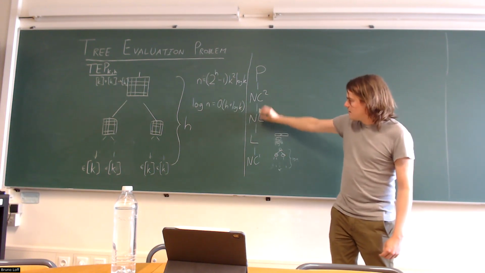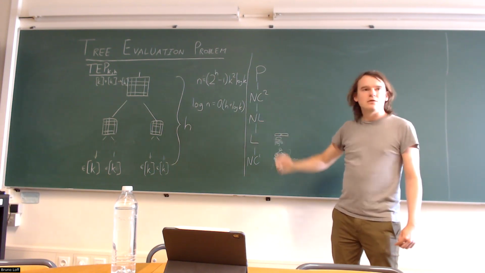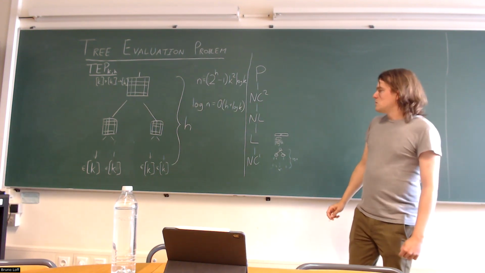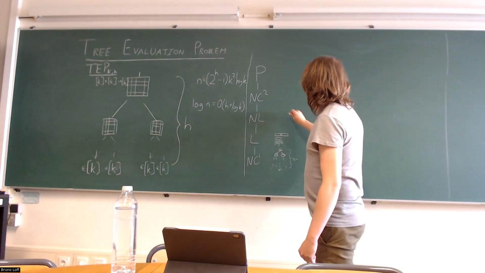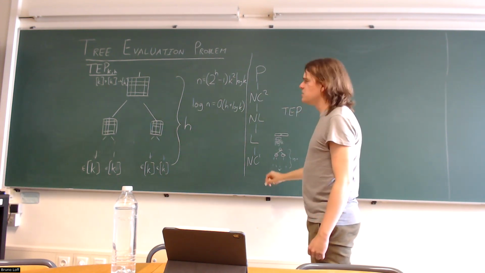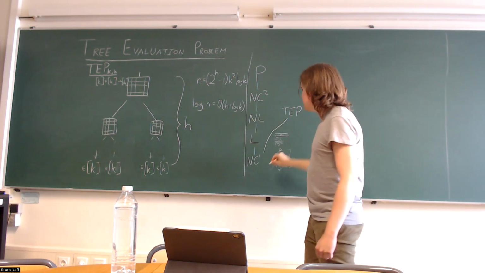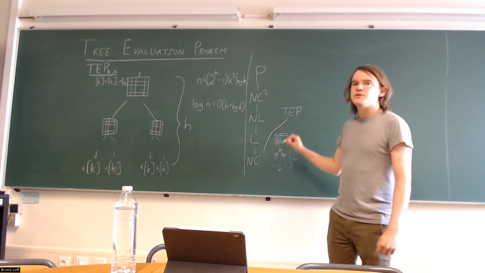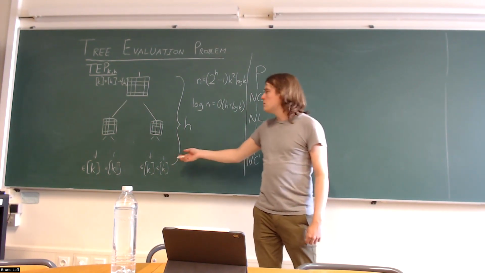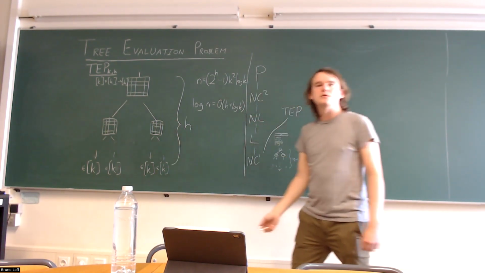Of course, there's a whole tangle of classes existing on each of these lines, but these are the big ones for today. So where does tree evaluation fit into this? Well, it's pretty clear that NC1 reduces to this, because if I just set k equals 2, I can encode any NC1 circuit as an instance of tree evaluation.